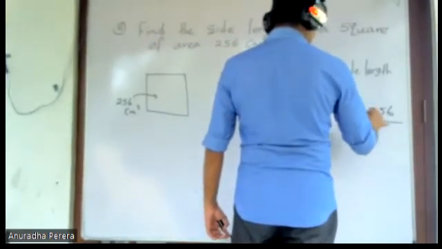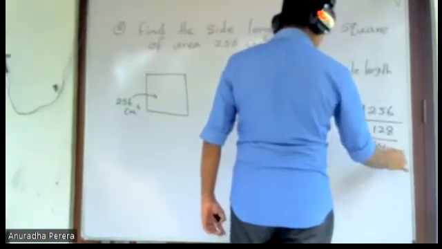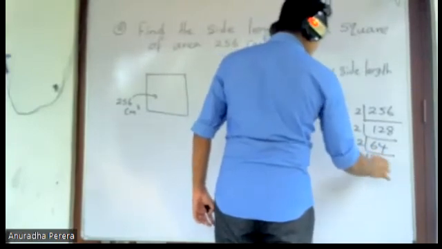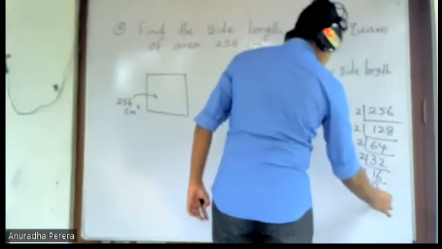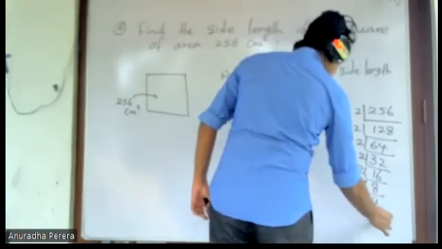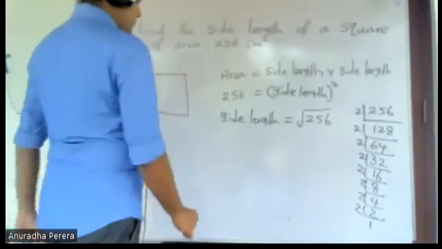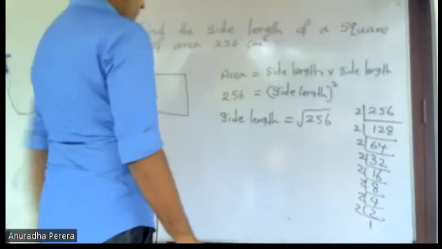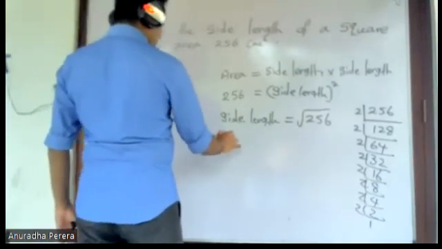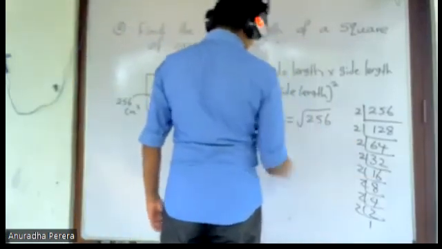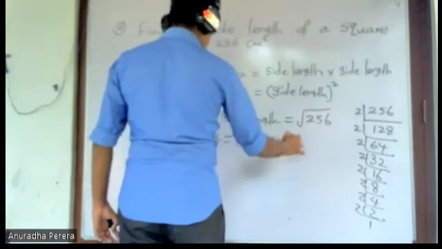256 divided by 2 is 128. Again by 2, 64. Again by 2, 32, then 16, 8, 4, 2, 1. Right? Now, how can you write 256? How many twos? 8 twos, multiplied.